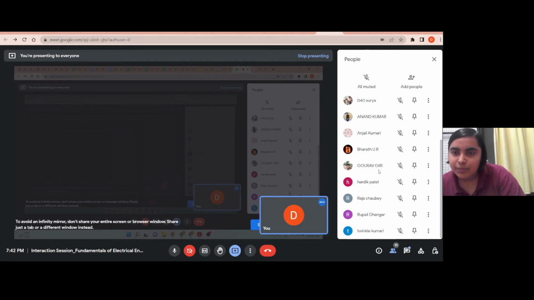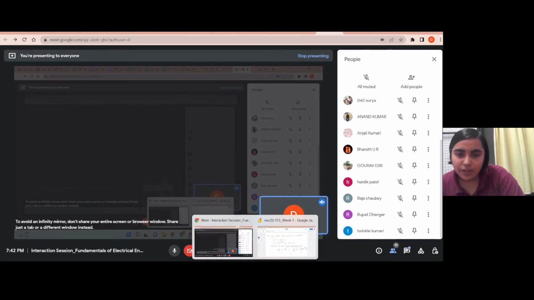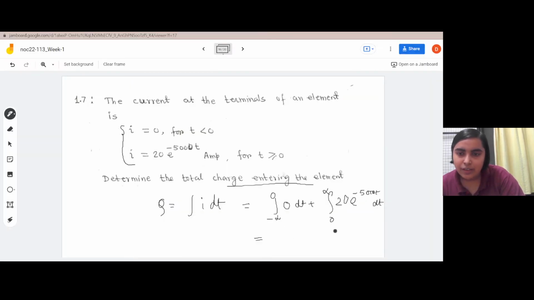Anjali, please solve this integral and let me know the answer. Now it is very straightforward, right? You have the equation, all you have to do is this integral.